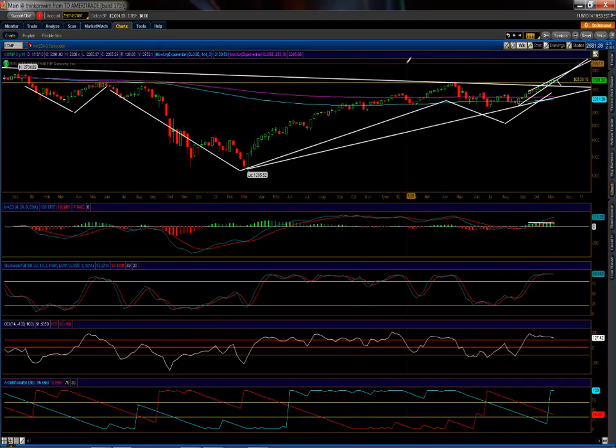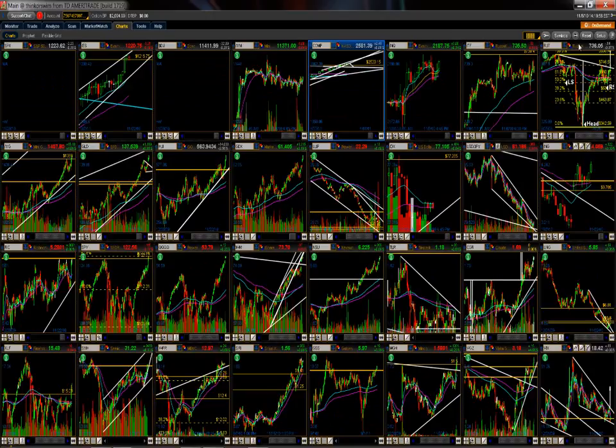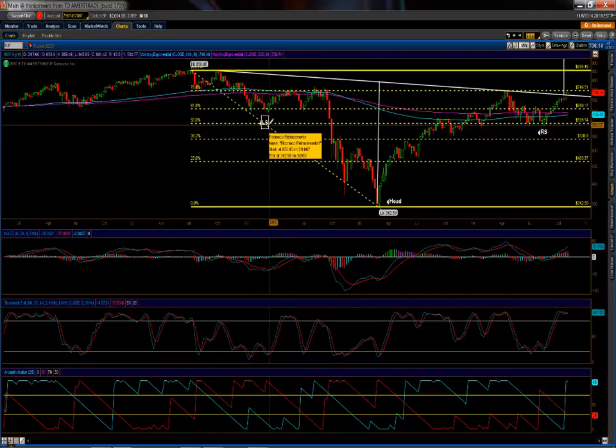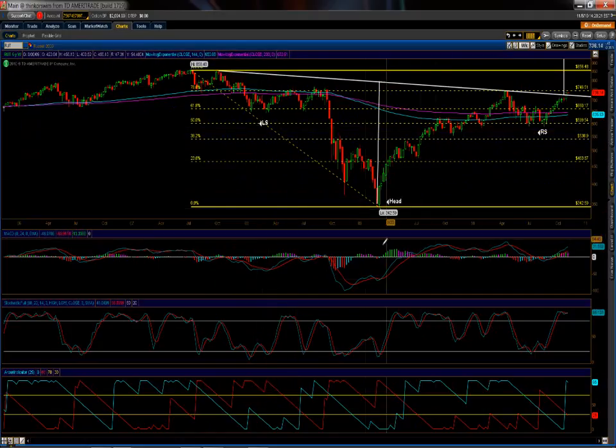So let's go ahead and look at the last indice, which is the Russell 2000. On the Russell 2000, we're starting to break out of this downtrend line, and also, like you can see, I've pointed this out, this one is the head and shoulders bottom, which you have the left shoulder, head, and right shoulder, with a change of trend.